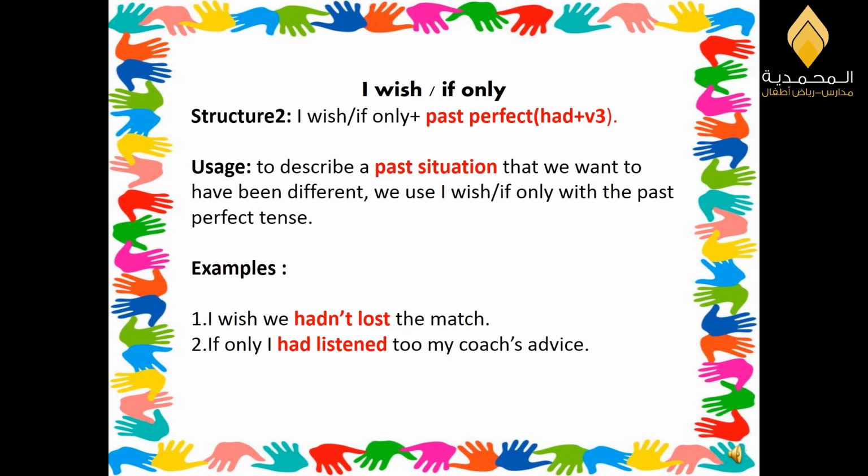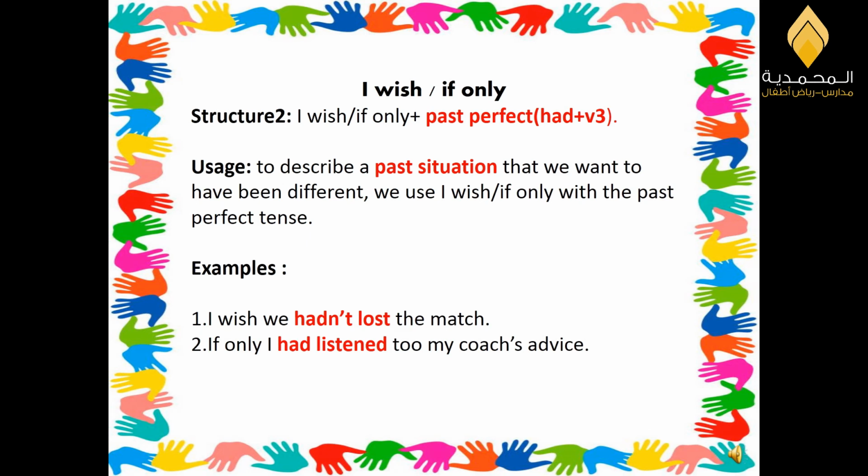I use it to describe a past situation that we want to have been different. We use I wish or if only with the past perfect tense, okay, to describe a past situation.